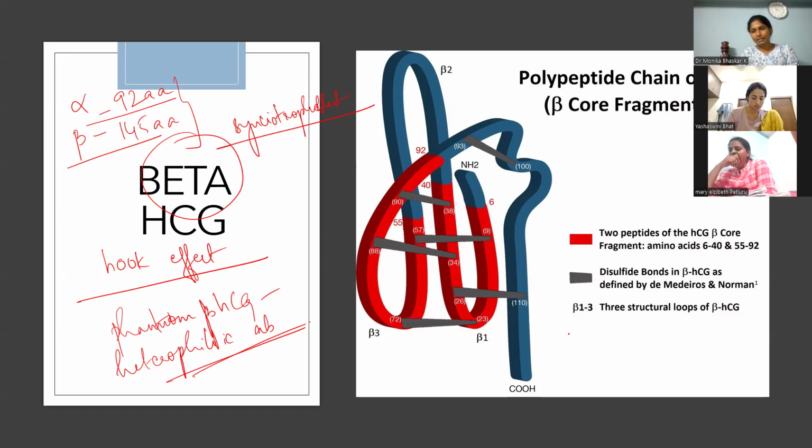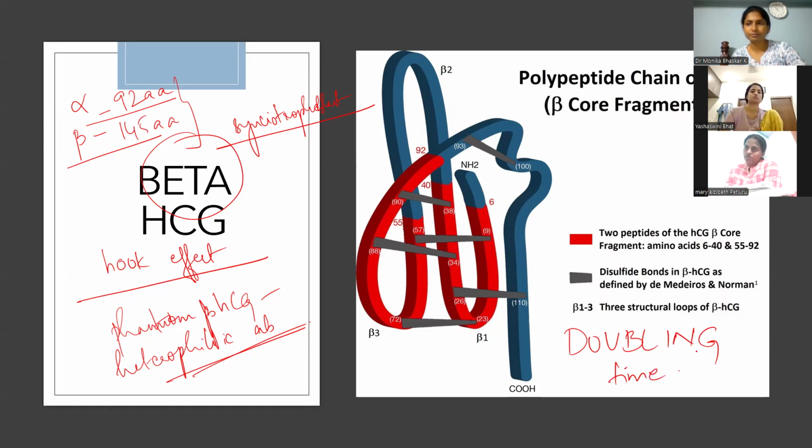And a very important thing is the doubling time of beta HCG. What is doubling time, Yashaswini? So usually, to rule out whether it is an intrauterine pregnancy or an ectopic pregnancy, we do something called a doubling time.